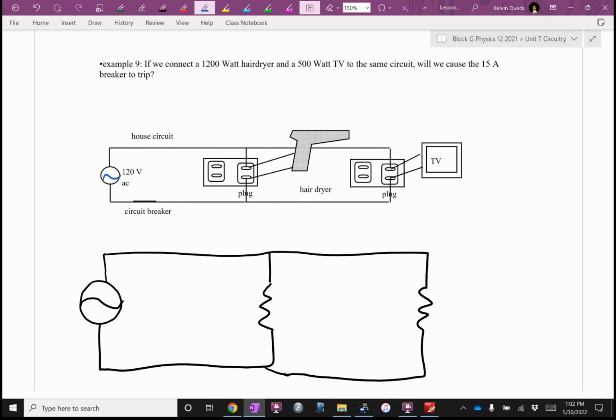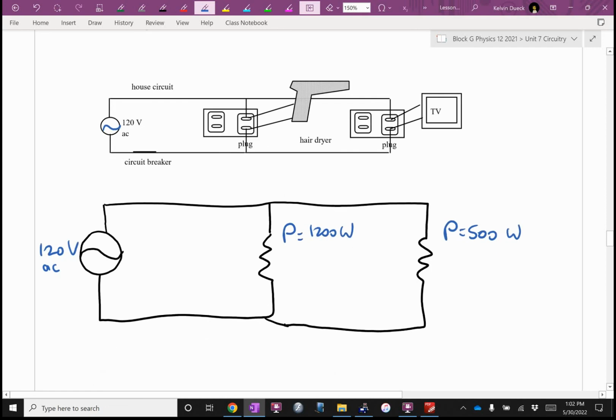And they've told me that this is 120 volts. I'll put the AC there. And the hairdryer has a power of 1200 watts. And the TV has a power of 500 watts. Let's see if we can solve this.